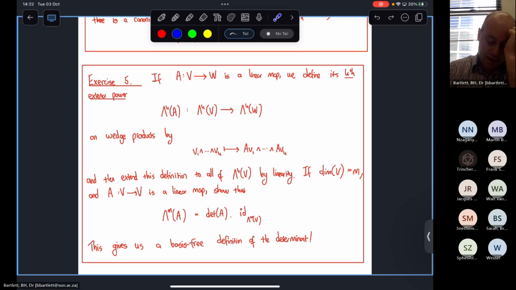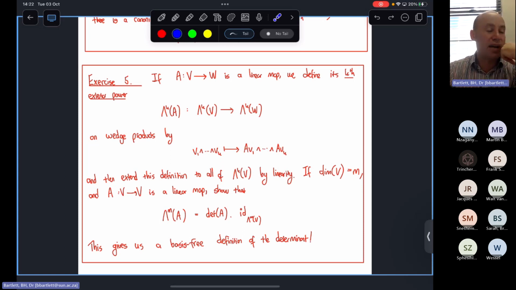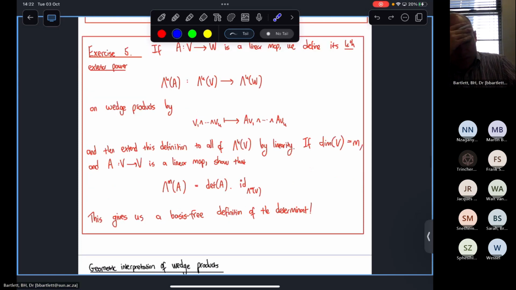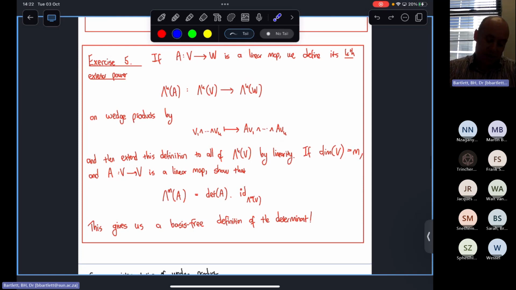I take a wedge of k vectors, V1 wedge dot dot dot wedge Vk, and I send it to A applied to V1, wedge A applied to V2, wedge, and so on, wedge A applied to Vk. That's how I do it on wedge products, and I extend it to all of the kth exterior power of V by linearity.